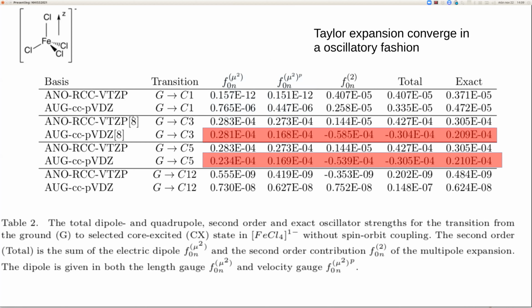If I, for instance, compare these 2 different bases, I'm seeing that doing the second order expansion and truncating, the second order term actually gives me a negative oscillator strength, which is completely unphysical, whereas the exact value is a positive number. So this is really alarming.